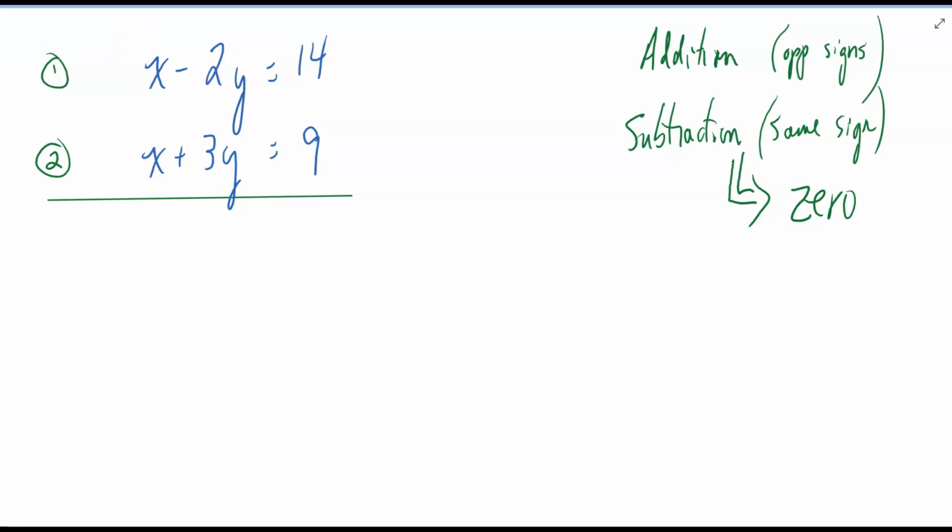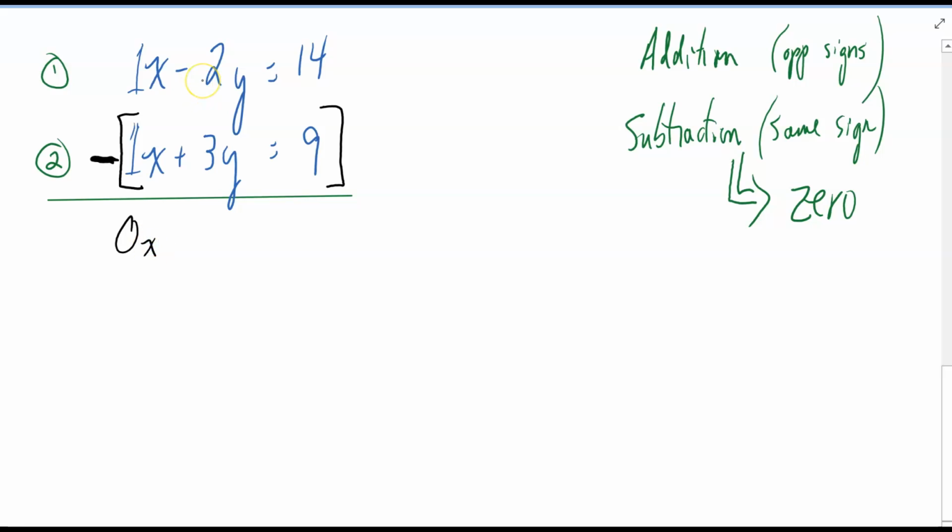Well, I notice that I have matching coefficients on the x, and they are the same sign. So I need to use a subtraction method. I recommend big square brackets around the second equation to remind yourself that you are doing subtraction. So 1x subtract 1x is 0x.